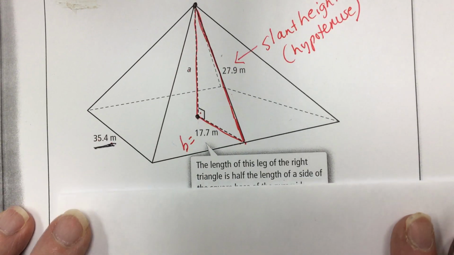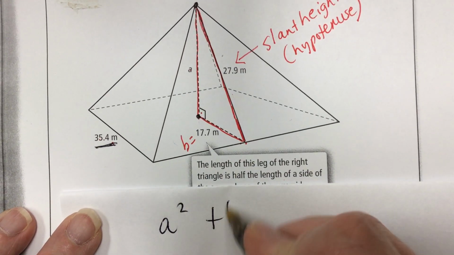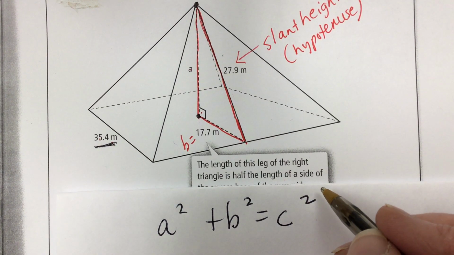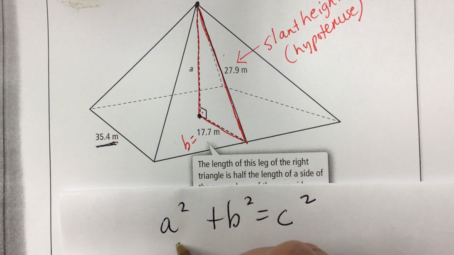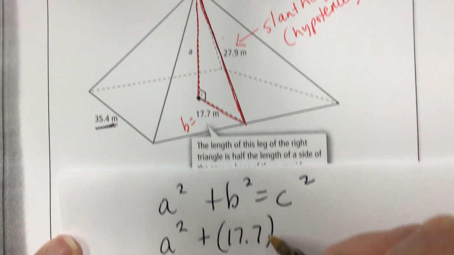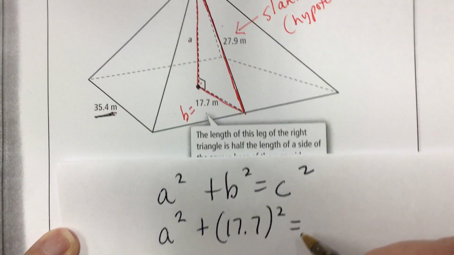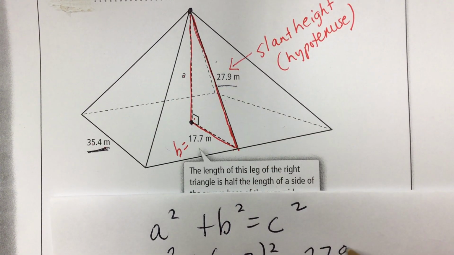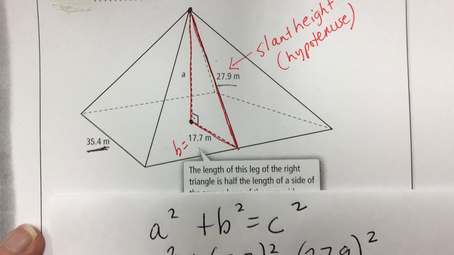I'm going to use the Pythagorean theorem, a squared plus b squared equals c squared. I'm looking for A, so I keep A squared, plus B is 17.7 squared, equals my C, the slant height, which is 27.9, and we'll square that.